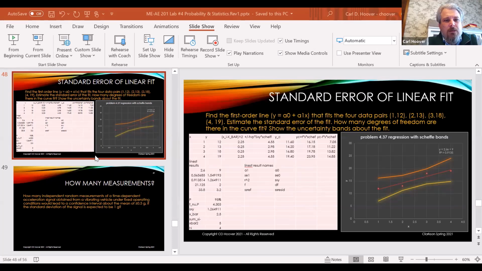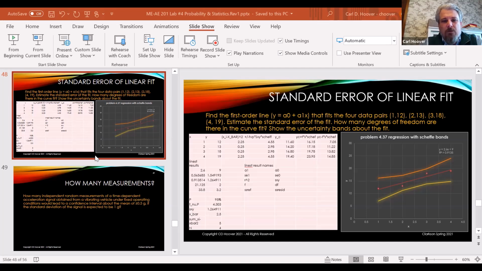And so similarly, you see that here, it's my YC, and then my YC plus my Scheffé band, and my YC minus my Scheffé band. And that's what I'm looking for.